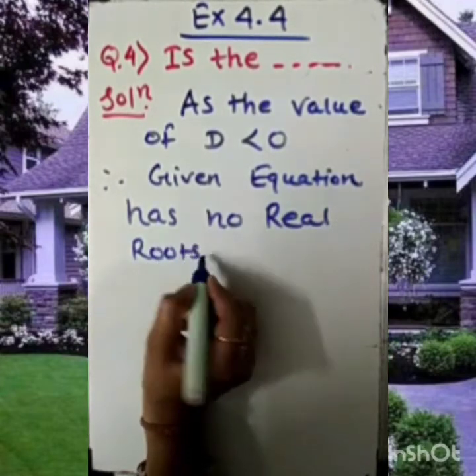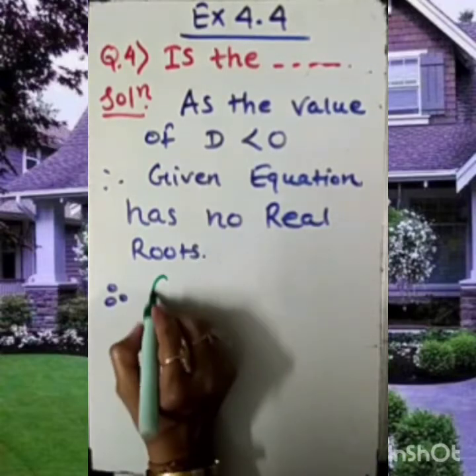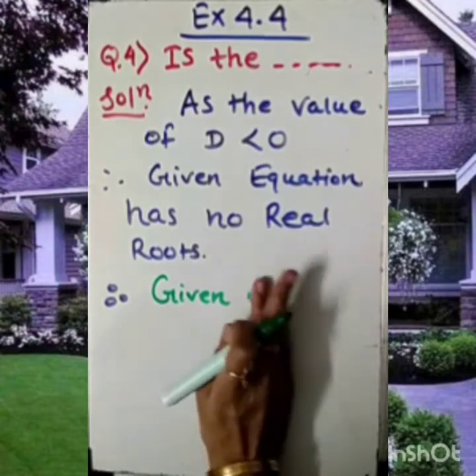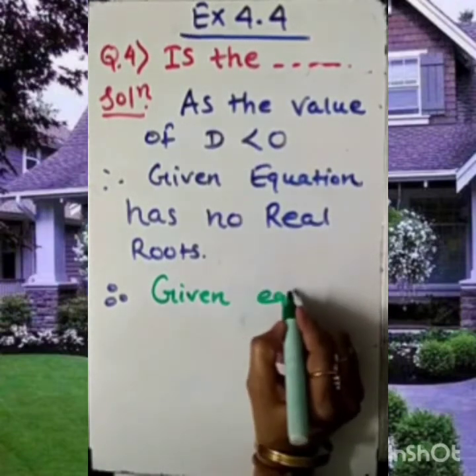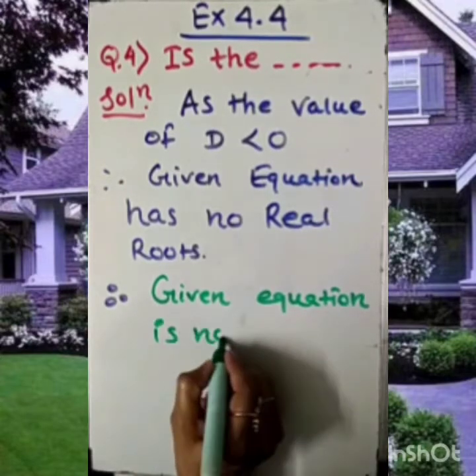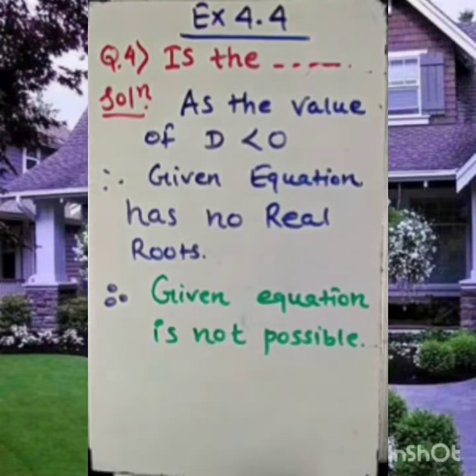And therefore, according to the question, what is the final judgment we come to? Therefore, the given equation is not possible. Actually, in the question, it is given in the statement form, and we have converted it into the quadratic equation form. So, when we are trying to solve the quadratic equation, we have seen the value of discriminant is coming less than 0.